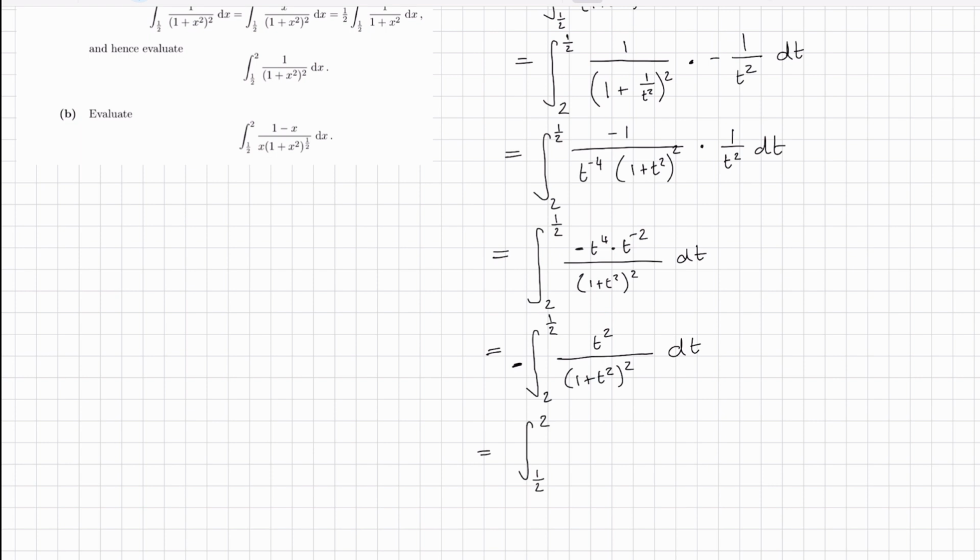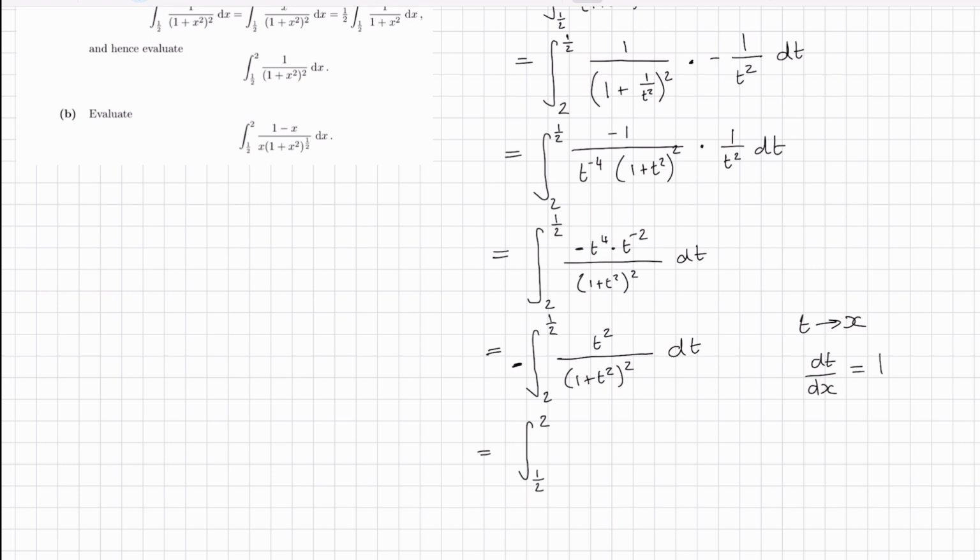And whenever you have variables, you can call them anything. We could have used A, B, C, D, any of the Greek letters. It's just a placeholder. So this t, let's let t equal x be our substitution, which means that our dt by dx is 1.